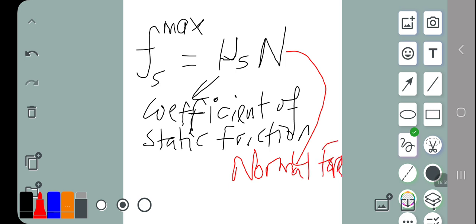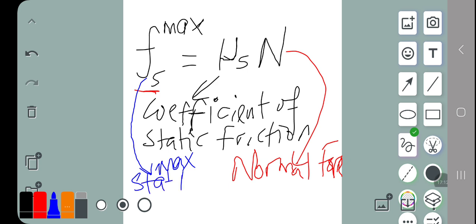And Fs max is the maximum static frictional force.